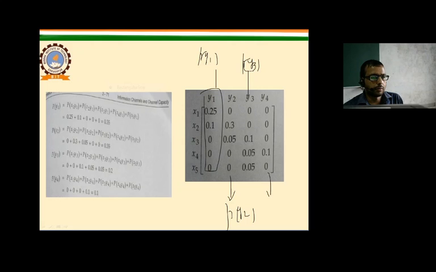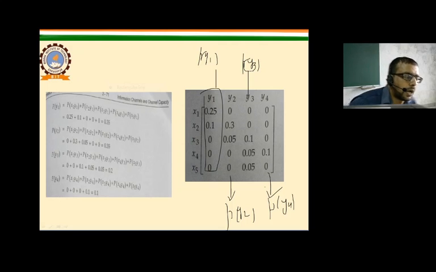If you add this one, we get py4. Means here we conclude, if in the JPM matrix we add all the elements in a column, then we get the probability corresponding to the receiver symbol, just like py1, py2, py3 and py4.